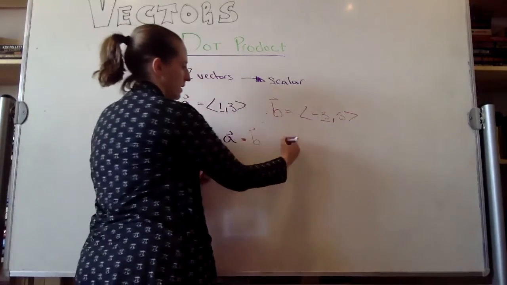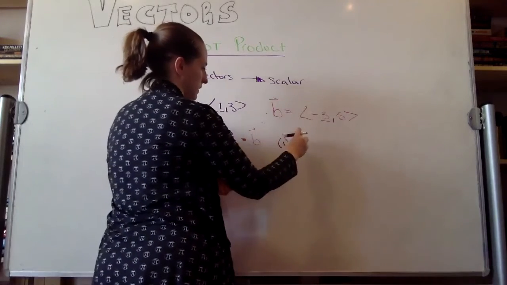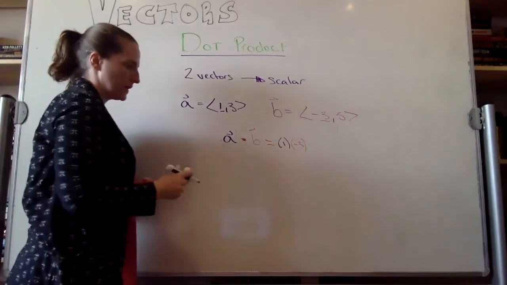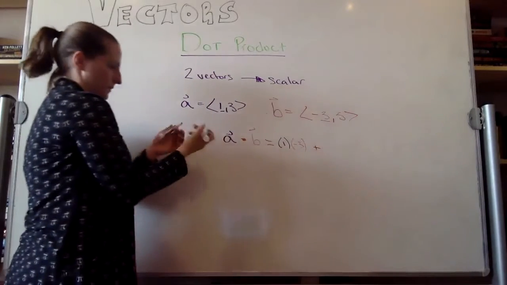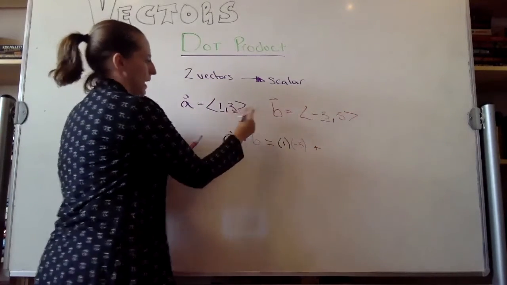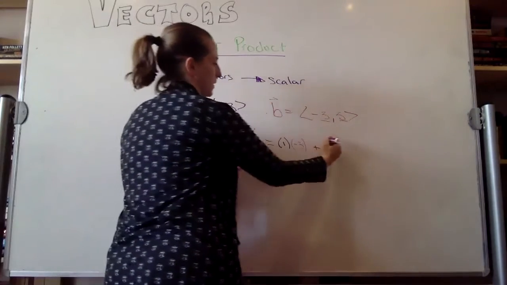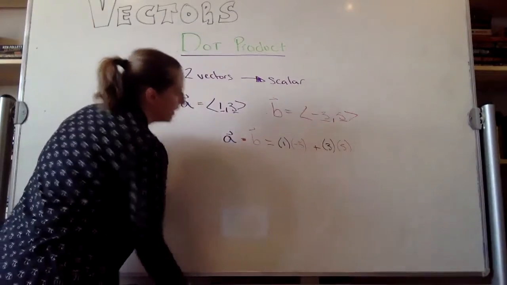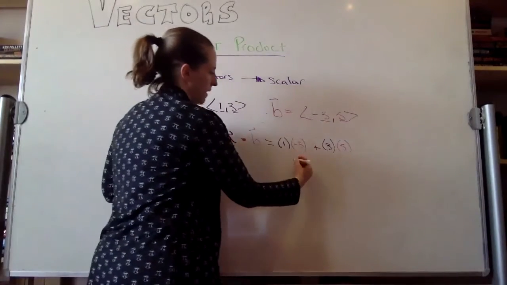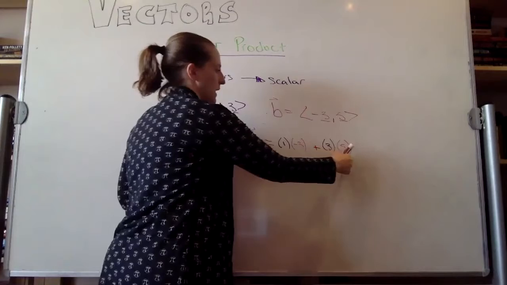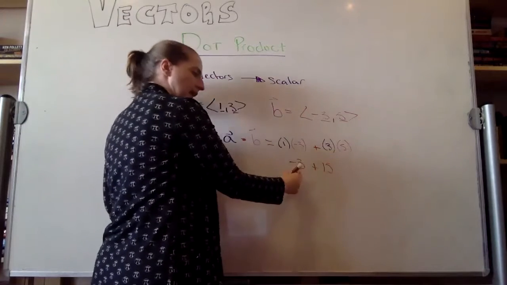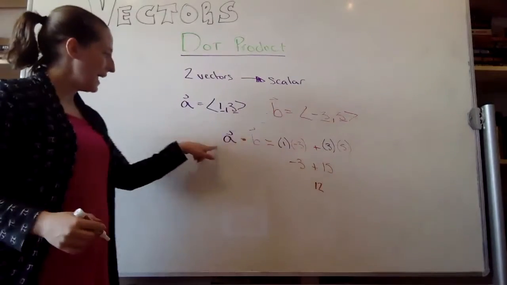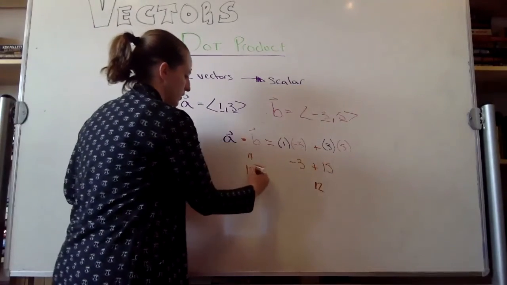So I'll have 1 times -3. So I'm multiplying our horizontal components together, and we add that to what we get when we multiply our vertical components together. So 3 times 5. Okay. So 1 times -3 is -3 plus 3 times 5, which is 15. -3 plus 15 is 12. So A dotted with B is equal to 12.